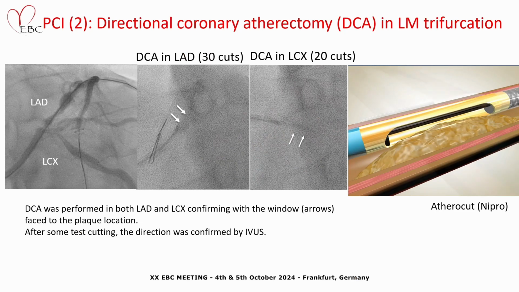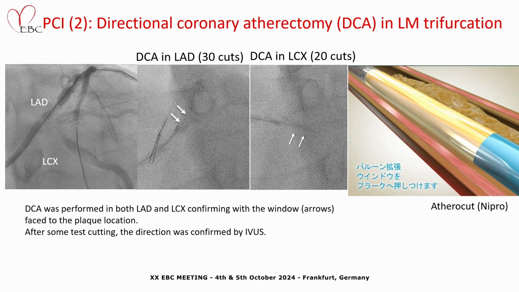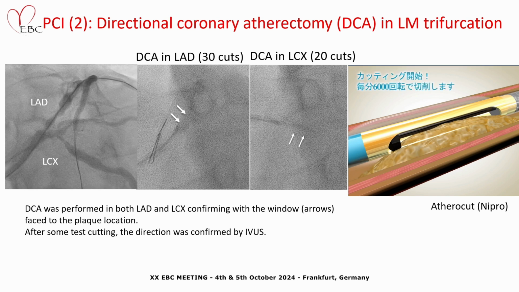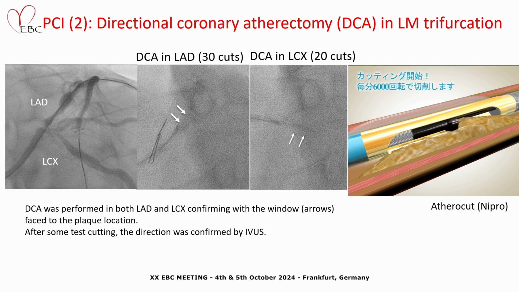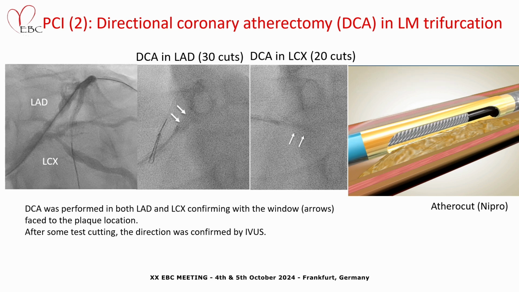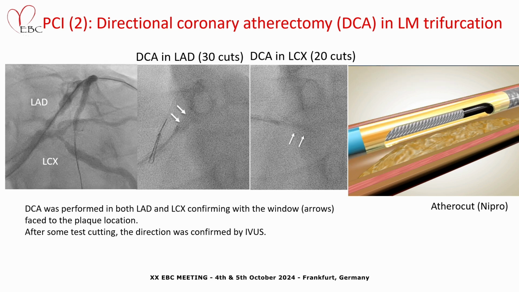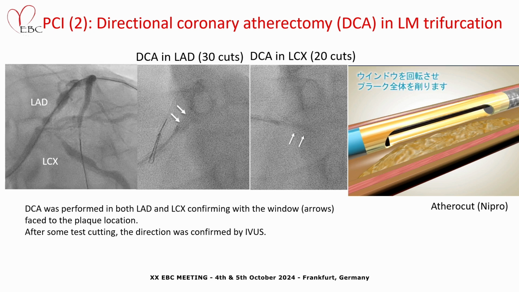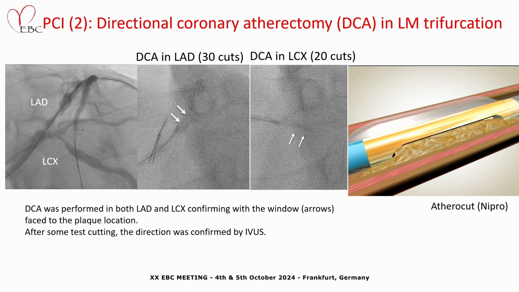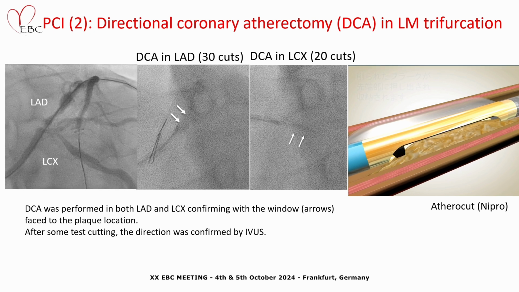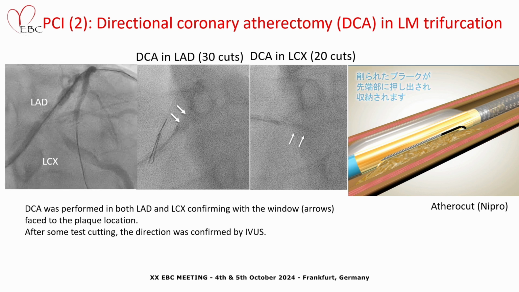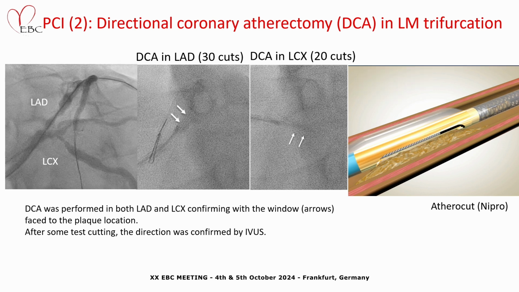This catheter has a window, and the window faces the atheroma, and the contralateral side balloon is inflated, and facing the atheroma, we put the catheter in for resection of the atheroma, and deflate the balloon, and rotate the catheter, and in another direction we resected the atheroma again. Resected tissue is stored in the nose cone.